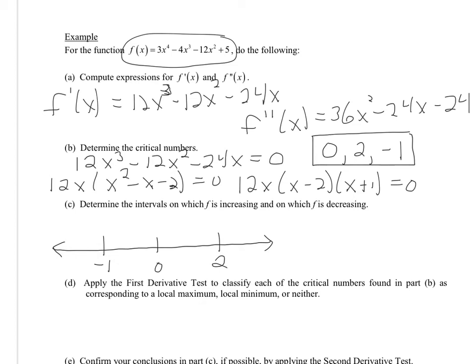So negative 1, 0, and 2. And what we do is we try to determine the sign of the first derivative in each of the 4 intervals that you see on that number line. And it's easier to work with the factored form of the first derivative to answer this question, so that's why I circled it.